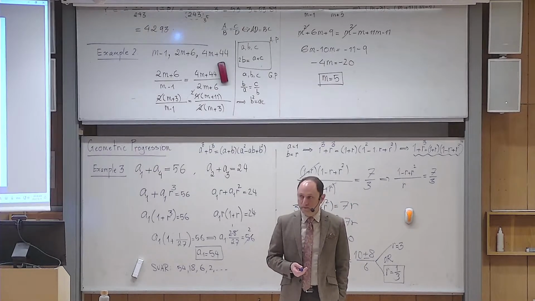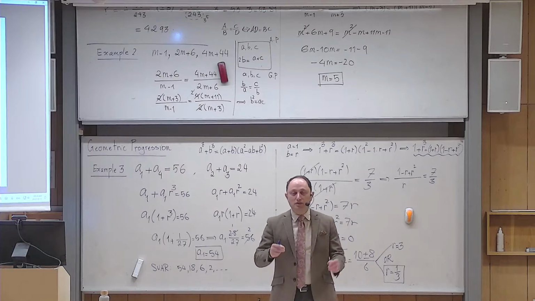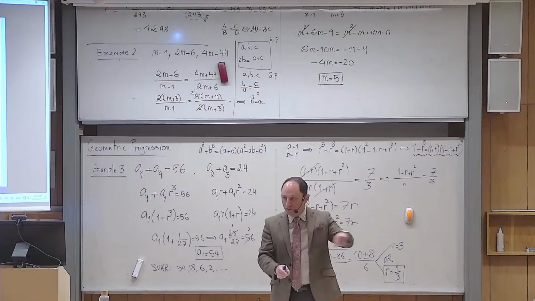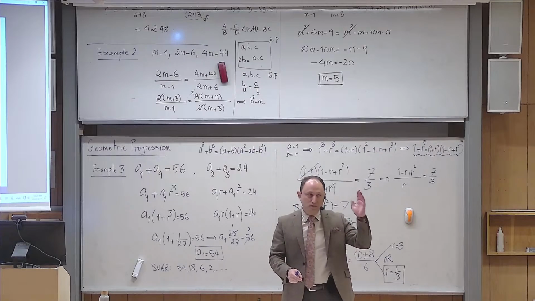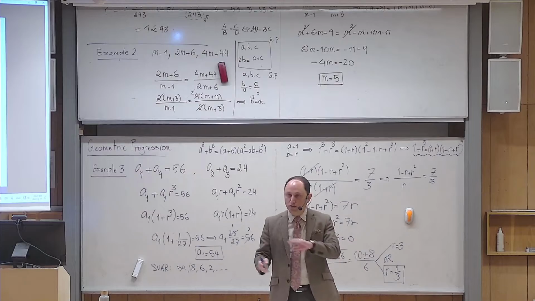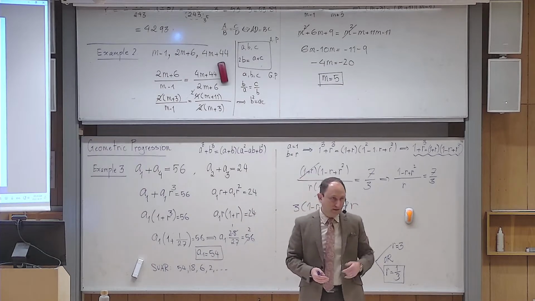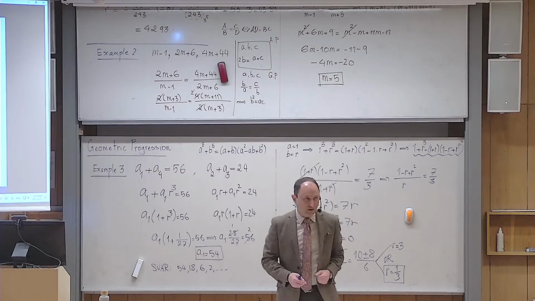Telescopic sum? No, it was not telescopic sum. It was the idea to write the sum the other way around. For example, if you are supposed to add 1 up to 99, you write it from 99 to 1 and then add them up. You get 2 times that sum, and then at the end you divide by 2.